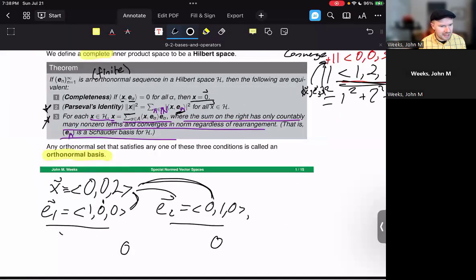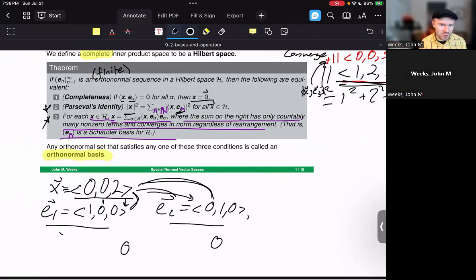But the issue is that without E3, this is not a basis for R3. Because it's not a basis, I actually have a counterexample to this argument. The vector 0, 0, 2 is not the 0 vector, and yet its inner product with each of these other vectors is equal to 0. That gives me a counterexample to show that the set of vectors that I have is actually not a basis.